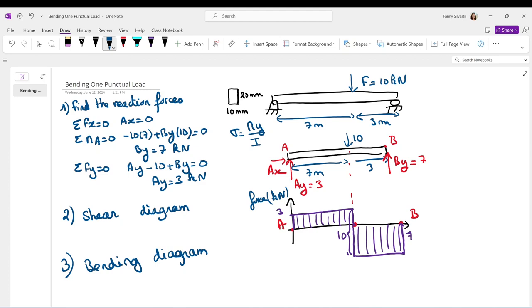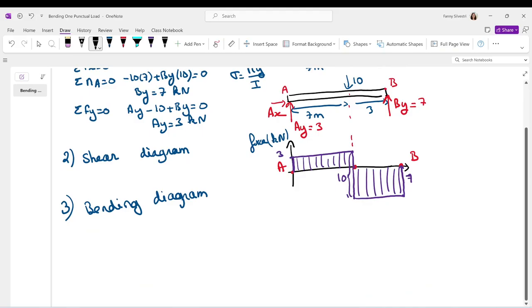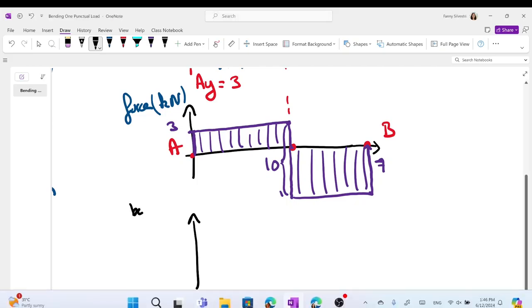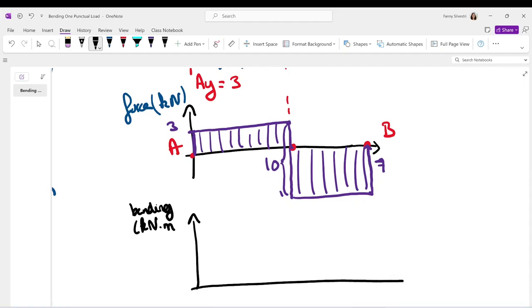So I will show you what it looks like, and we will find the function after. So I keep the same scale for the axis, so we will be there. That will be bending, and that will be kilonewton times meter. Okay, and we will have the point A, the point at 7, and the point B.